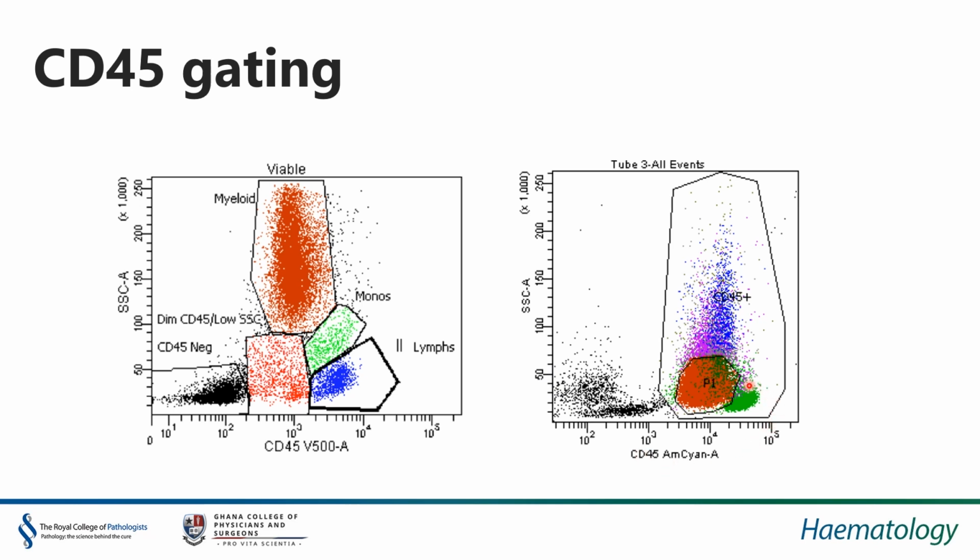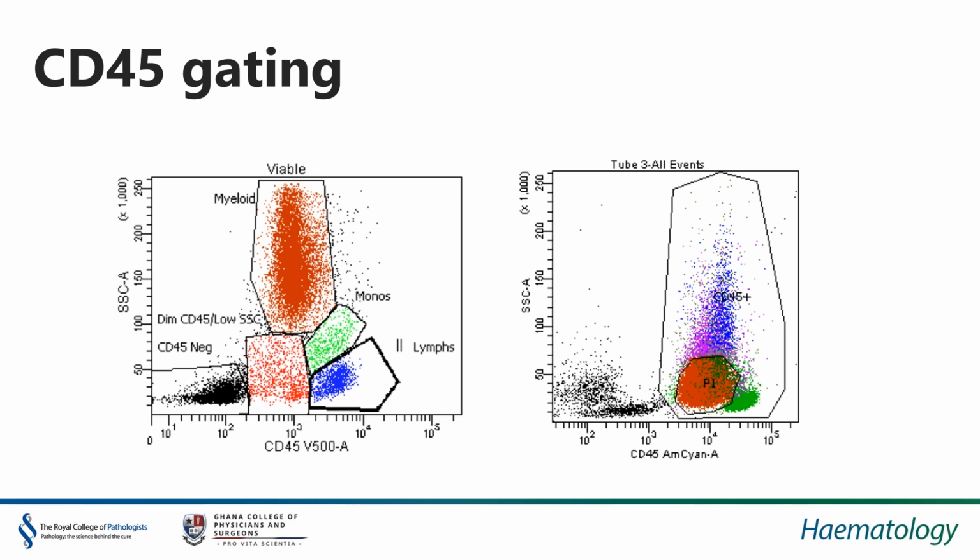But you can see that you've got a very reduced side scatter and this big mass of cells that are falling in the CD45 dim, low side scatter population there. So what are these cells? Well, we can draw a gate around them. So we've drawn a gate around this population down here, and we can then look at the antigen expression on those cells.